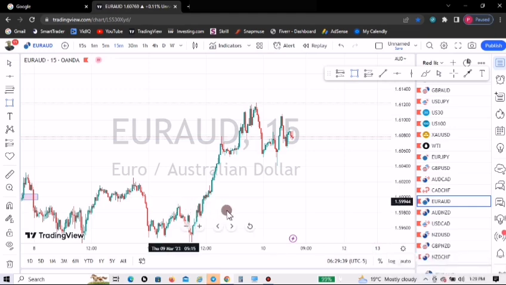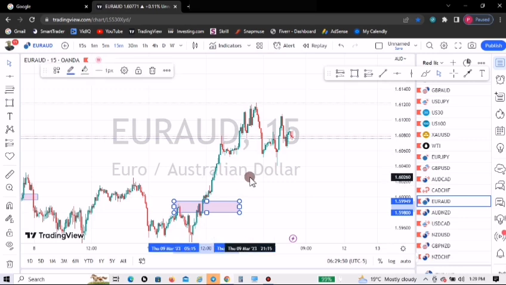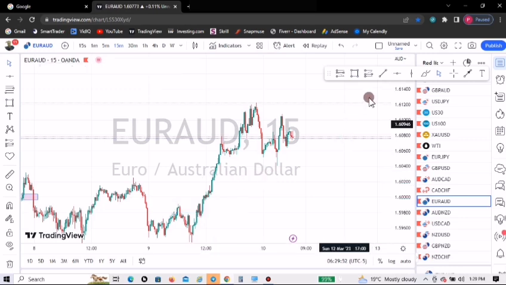I missed this trade when price closed above this. Okay, where can we jump in?